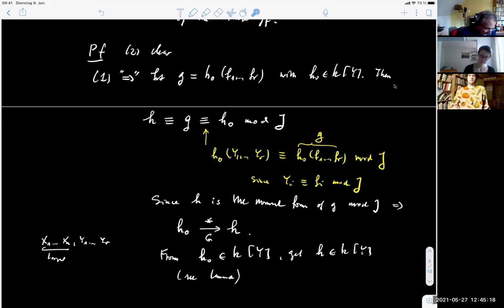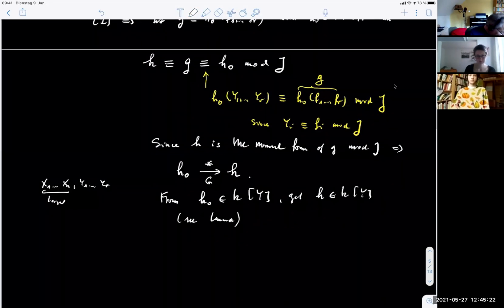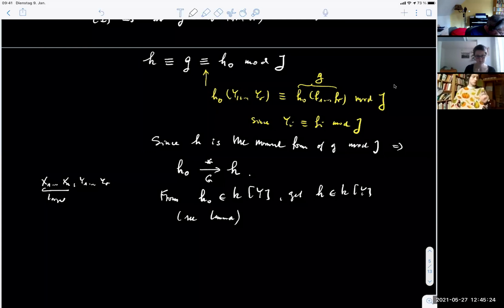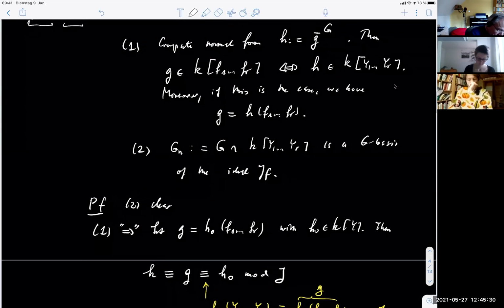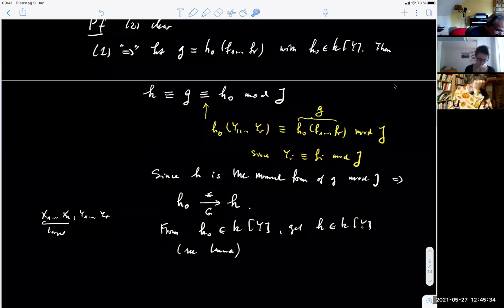Okay, that was trivial, by the way. So, okay, so what I see now, yeah, I'm done. I wanted to show H is a polynomial in the Y's. This is what I did. So the argument is a bit tricky. Okay. Okay, the other direction.